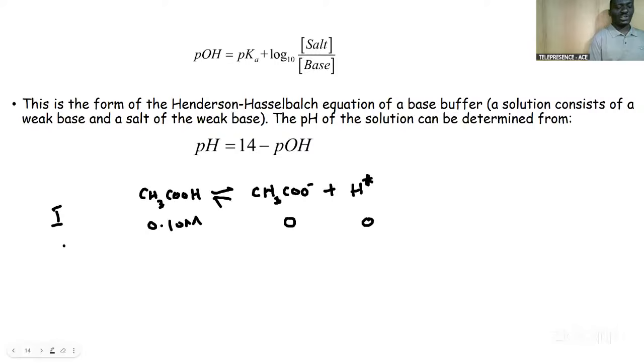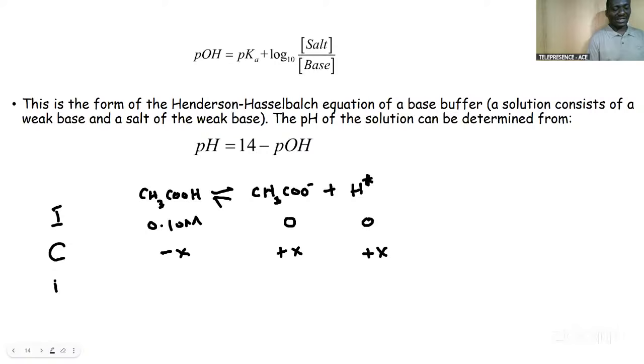The question is, what changes will have occurred before equilibrium? That change will depend on the stoichiometry of the reaction. This is ratio 1 to 1 to 1. And if that is what it is, it means that if X of this is used up, we put minus X because it's a reactant, then X of this will have been formed. We put plus X here as what is formed, and plus X here. So that is what will have been formed, the changes that will have occurred before equilibrium. So the equilibrium concentration is called E.